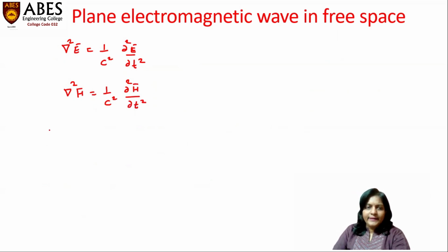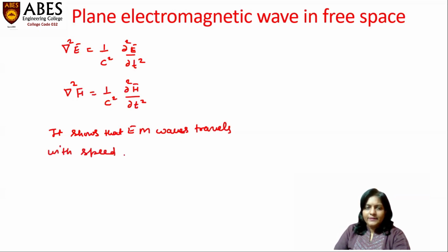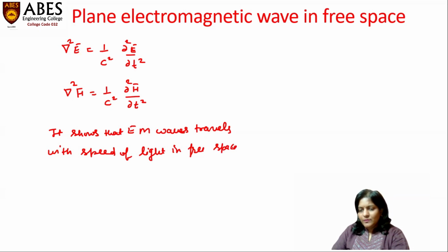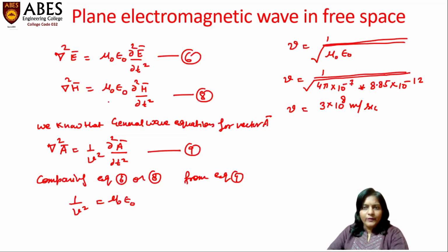It shows that EM waves travel with the speed of light in free space, because by calculating this value V from mu naught epsilon naught, we get 3 into 10 to the power 8, and we know that this shows the velocity which is equal to c.